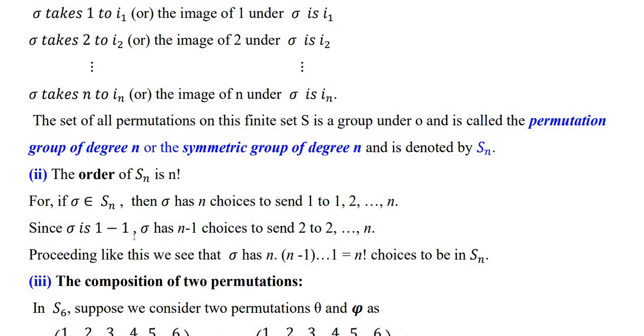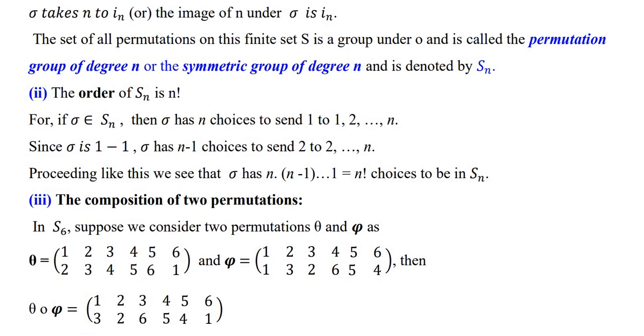So since sigma is 1 to 1, sigma has n minus 1 choices to send 2 to, and so on. If we proceed like this, we see that sigma has n into n minus 1 and so on up to 1, that is n factorial choices to be in Sn. So the number of elements in Sn is n factorial.